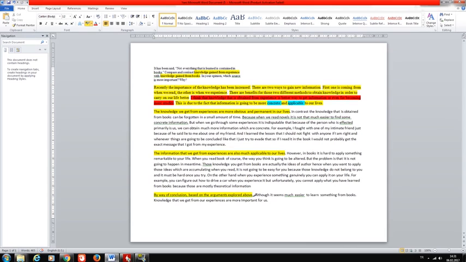Although it seems much easier to learn something from books, knowledge that we get from our experience are more important for us. So in general, the information that we get from experience are concrete and applicable, and that's why it is more important for us.